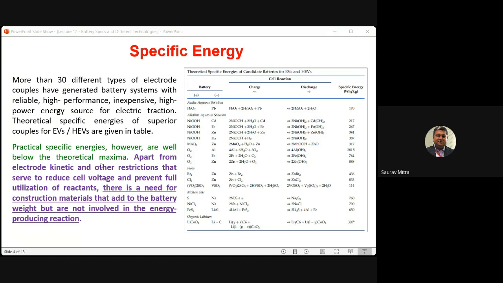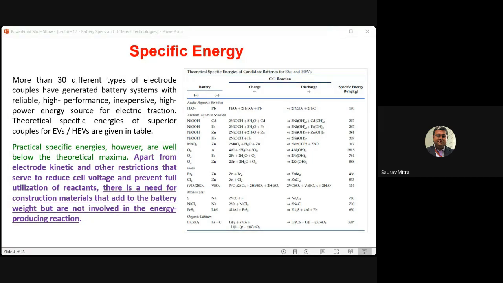So the next slide will answer a lot of your questions, and the next slide is very important. Apart from the electrode kinetics and other restrictions that serve to reduce the cell voltage and prevent full utilization of reactants, there is a need for construction material that adds to the battery weight but is not involved in the energy producing reaction. A very important thing is the casing of the battery.